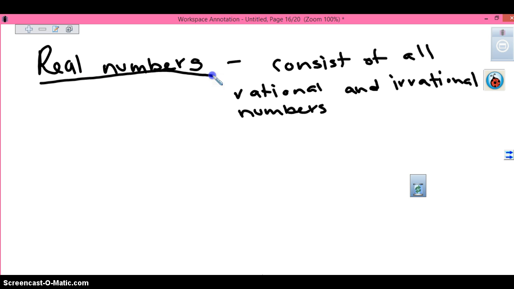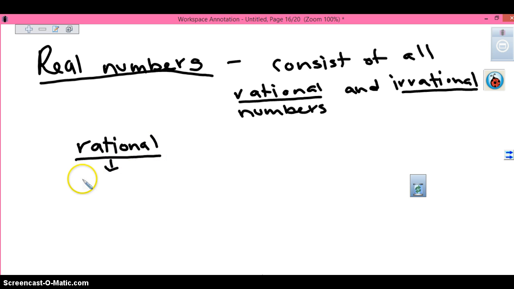So real numbers consist of all rational and irrational numbers. Rational numbers would include all integers. What are the integers? The positives and the negatives, and all whole numbers.